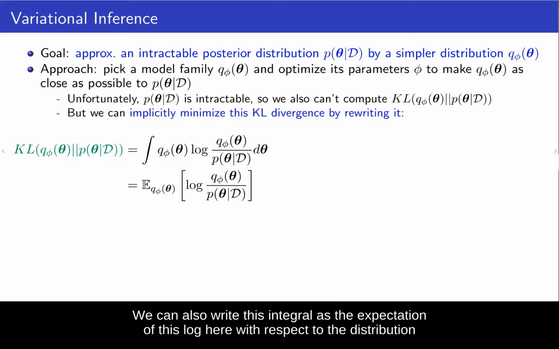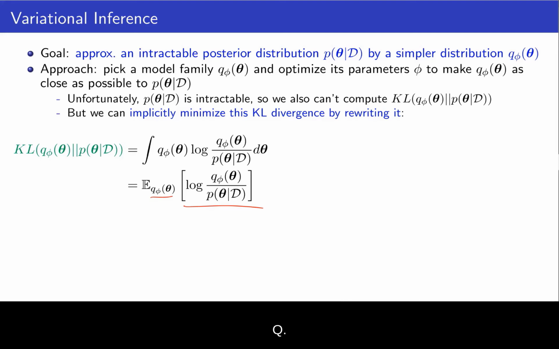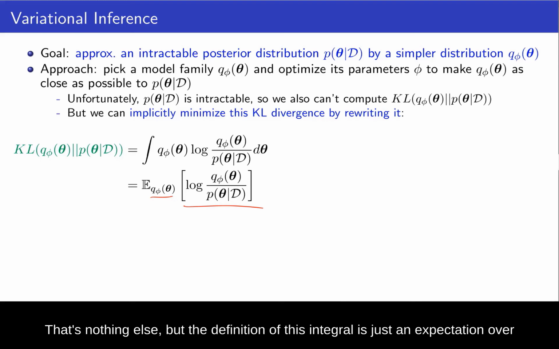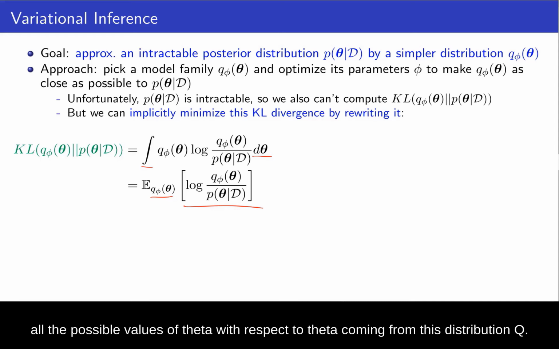We can also write this integral as the expectation of this log with respect to the distribution Q. That's nothing else but the definition of this integral: an expectation over all the possible values of theta with respect to theta coming from this distribution Q.